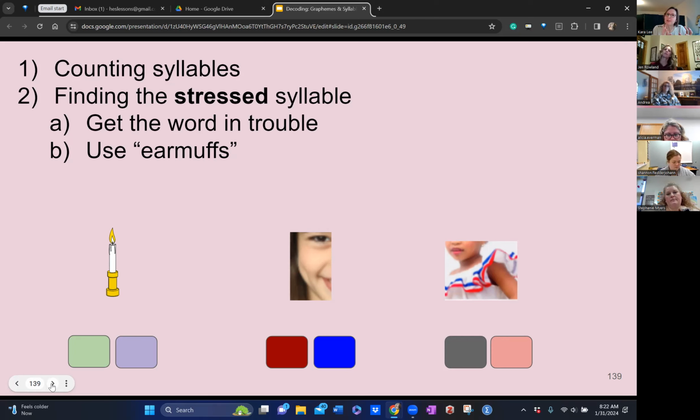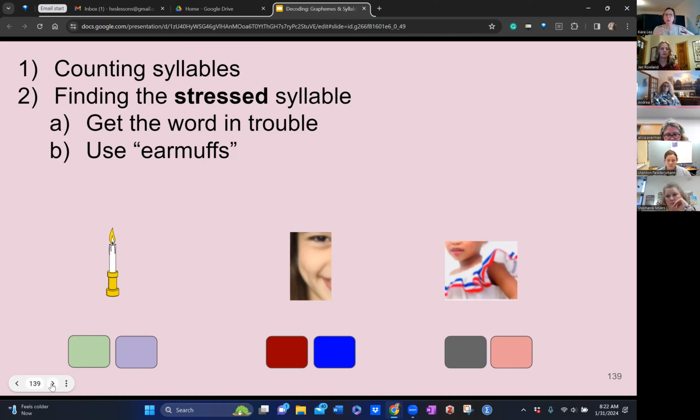So remember that the reason we started with compounds is because both bases still carry their full vowel sound. We don't have to deal with schwa. Those days are over. We have to deal with schwa now. So schwa is what happens in that unstressed syllable. So we have to make these considerations when we're spelling the word. This is where this comes into play, mostly with spelling.